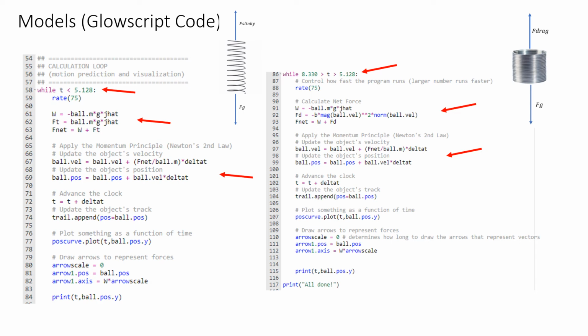These are the forces holding the bottom of the spring in place. And once the top of the spring reaches the bottom of the spring, like I said earlier, that tension force turns into a force downwards. And then the two forces that we are using are the force of drag and the force of gravity. I plugged in the equations for all of those forces into the code and ran the code.